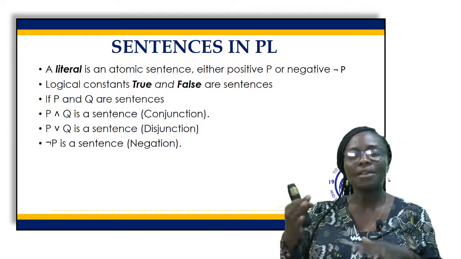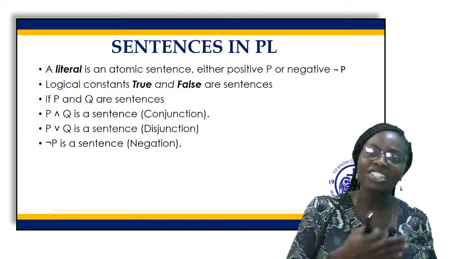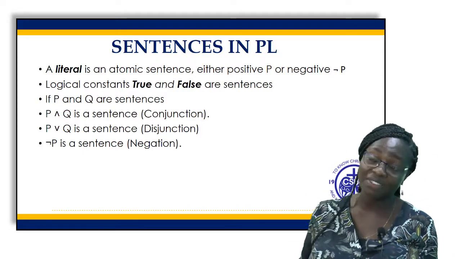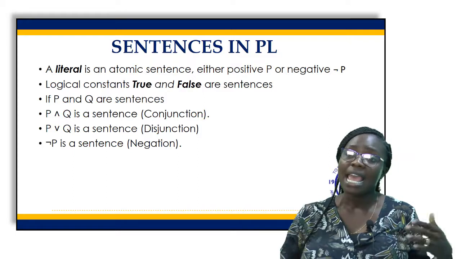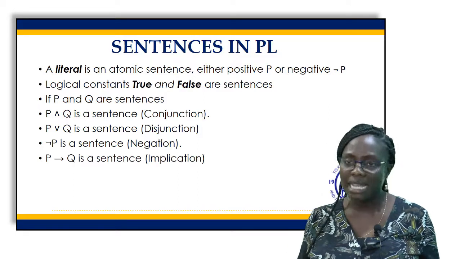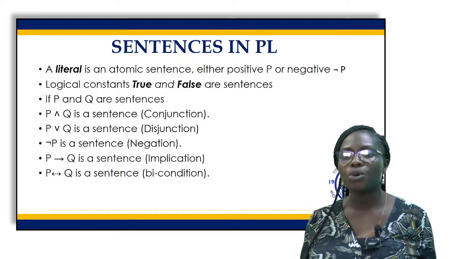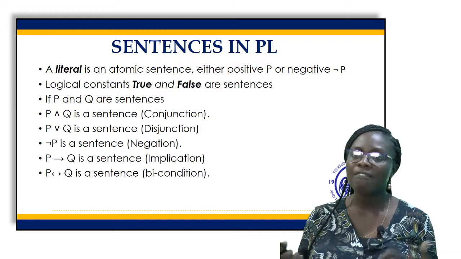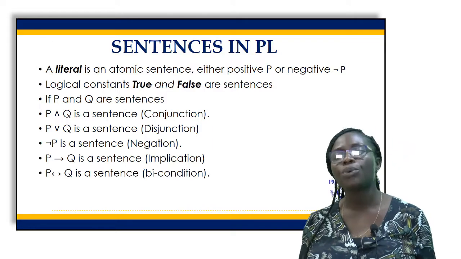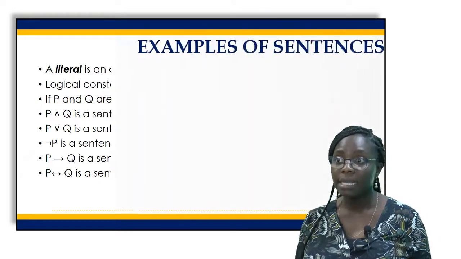This is very similar to conjunctions, disjunctions and negation that we have seen in maths. Having the negative of P being a sentence is negation, and then we have implication where P implies Q also being a sentence. Then we have P biconditional Q, which could also be a sentence.